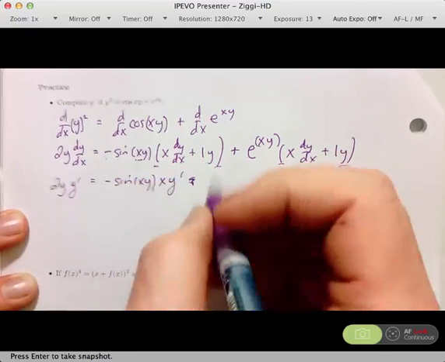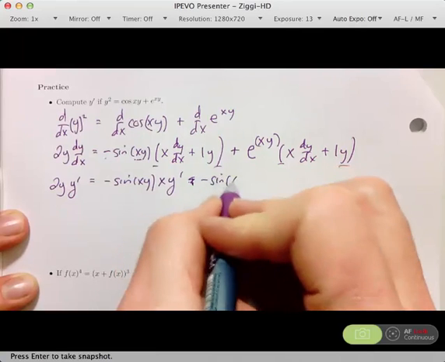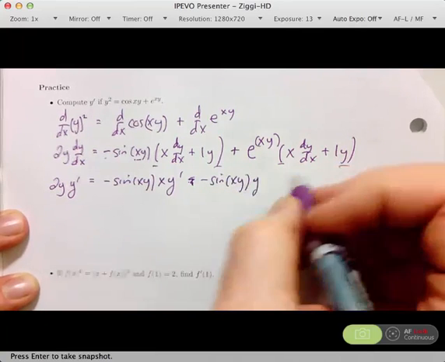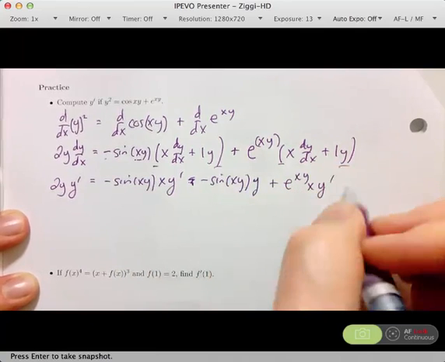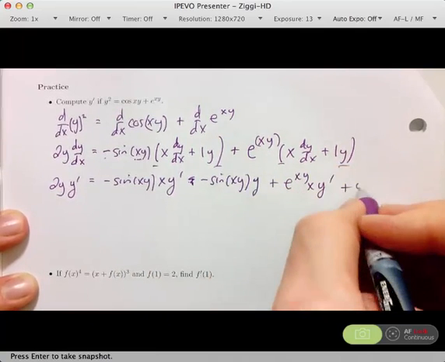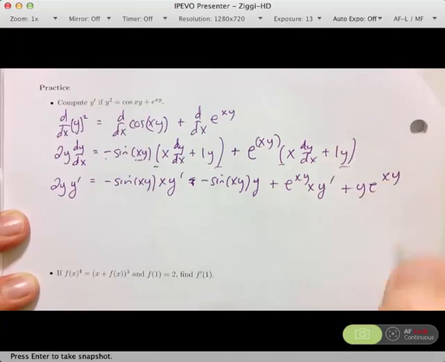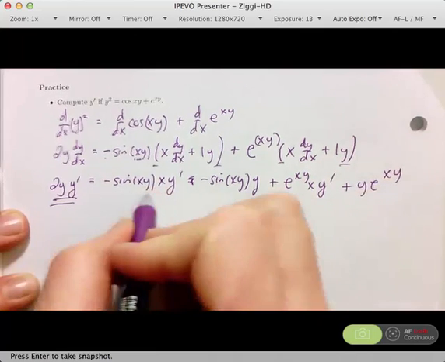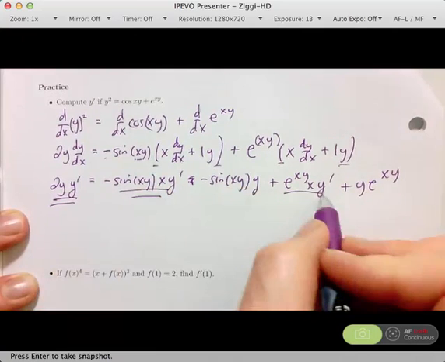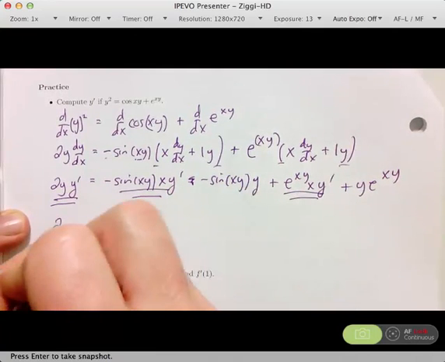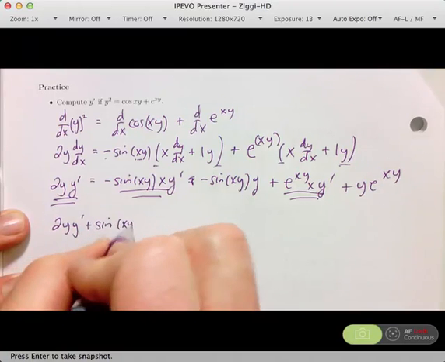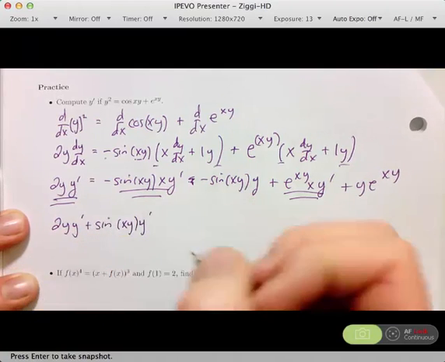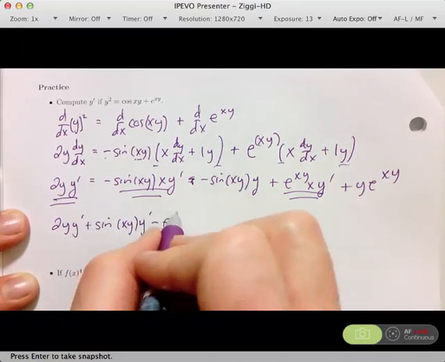Going to multiply through here and we get minus sine of xy times y plus e to the xy x y prime plus y e to the xy. Now we're going to gather all the terms with y prime onto one side of the equation. Move everything else to the other side, but it's already there in this case.